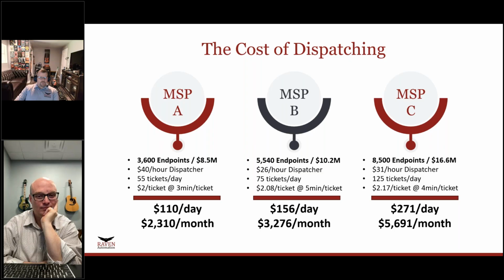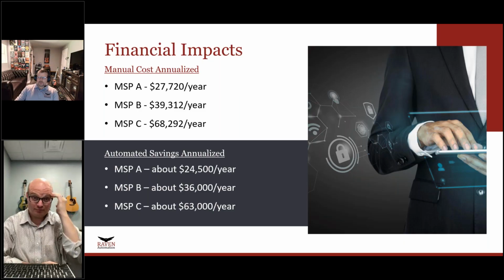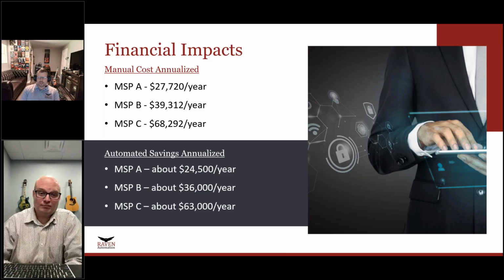Now, if we look at the benefit of automating that, MSP A on a manual process annualized is spending $27,720 a year. If they were to automate that dispatch process, even with just a simple basic dispatch process, it doesn't have to be super fancy, that cost savings for them, including an estimated AI cost, would be about 24.5 per year.